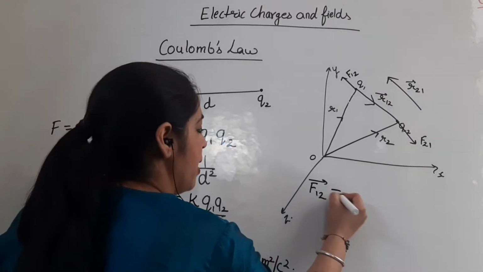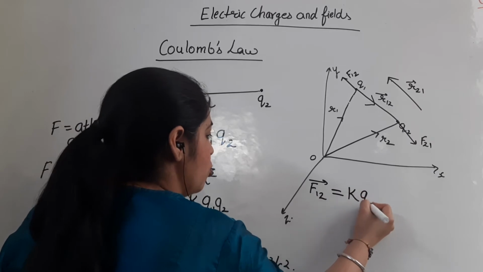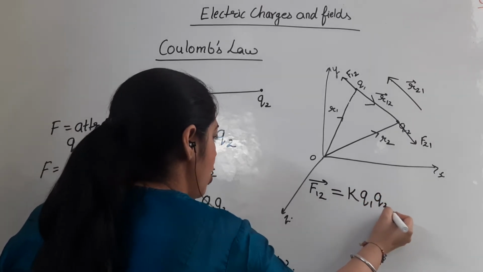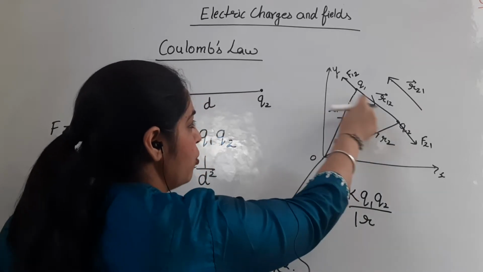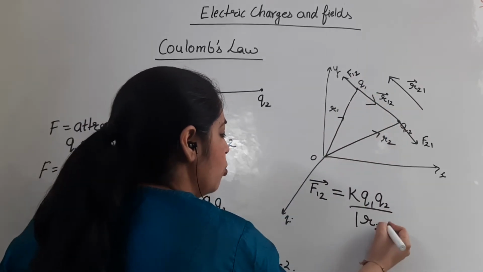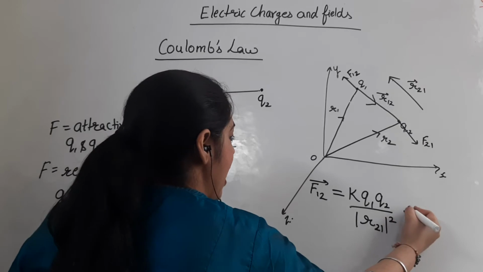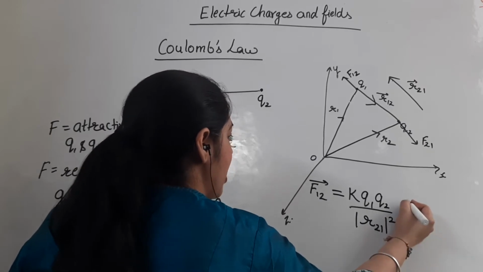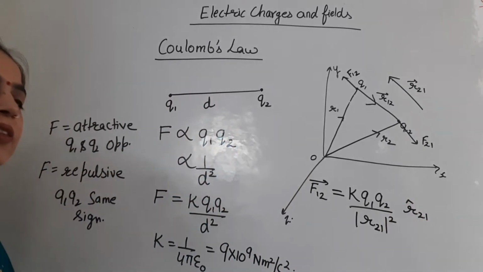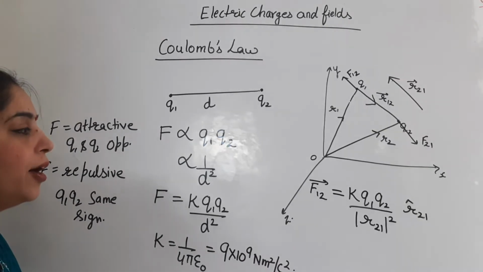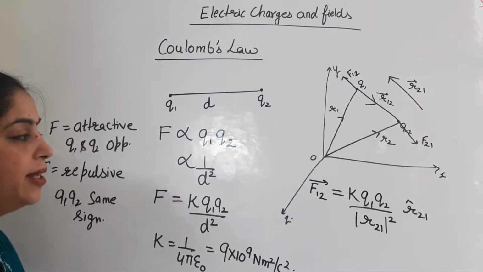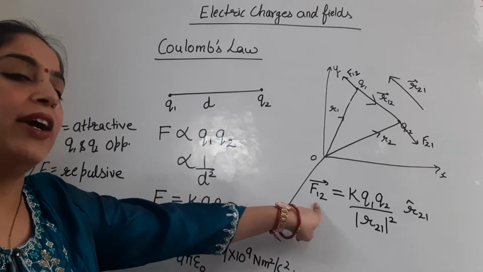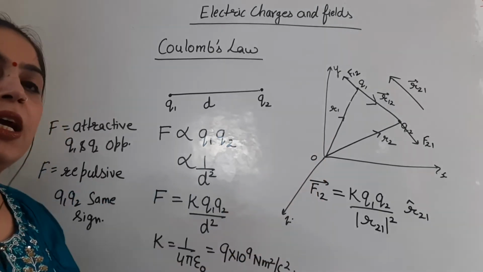That will be given by K Q1 Q2 upon magnitude of R21 square, and the direction will be determined by a unit vector in this direction, R21. R21 is a unit vector in the direction of F12, which will give me the direction.